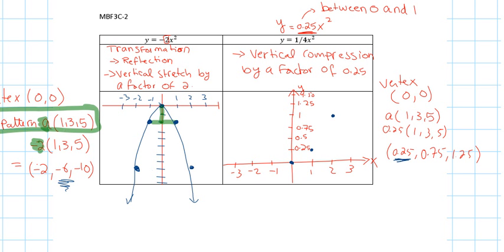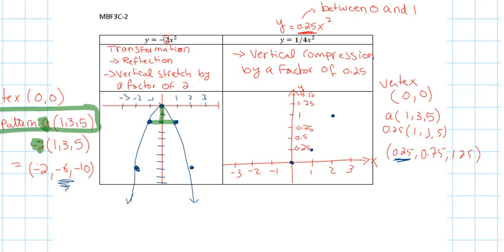And then for my next one, I have to go up 1.25. But I'm not at 0.75. I'm going up 0.75 from 0.25, so where do I end up? At 1, because I'm at 0.25 and adding 0.75.